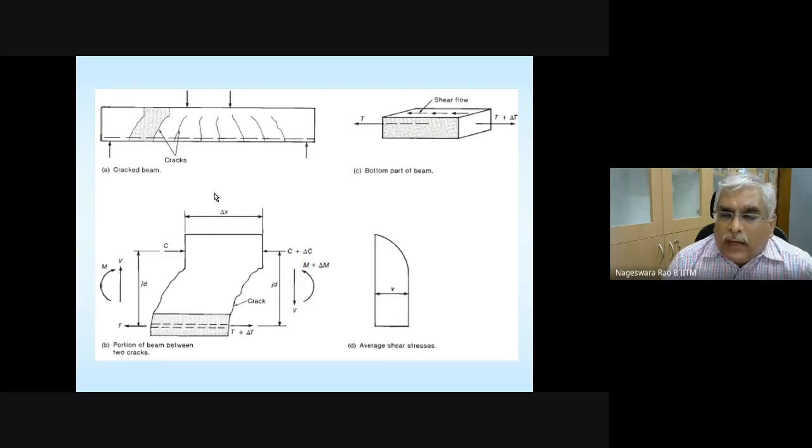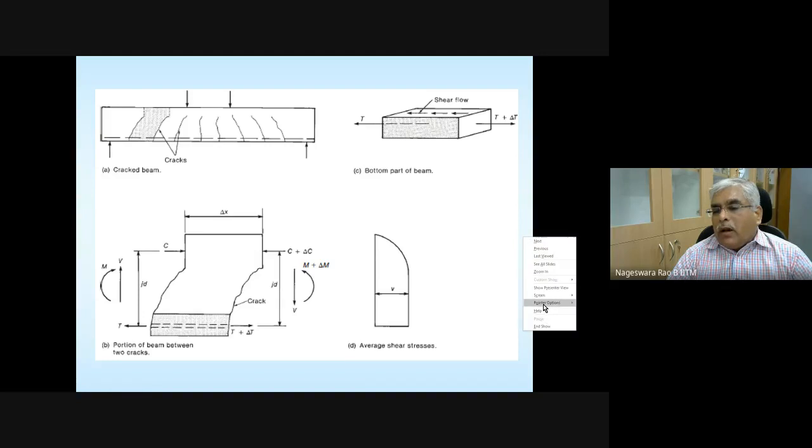And please note, if it is an uncracked and homogeneous section, how is the shear stress distribution going to be? Just now you noted it's going to be parabolic in variation. It's going to be zero on the top face, zero at the bottom face, and maximum at the neutral axis for an uncracked homogeneous section.